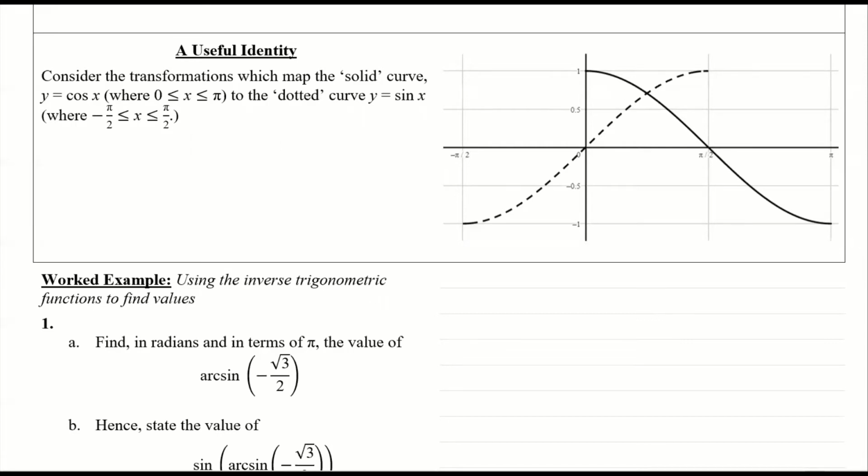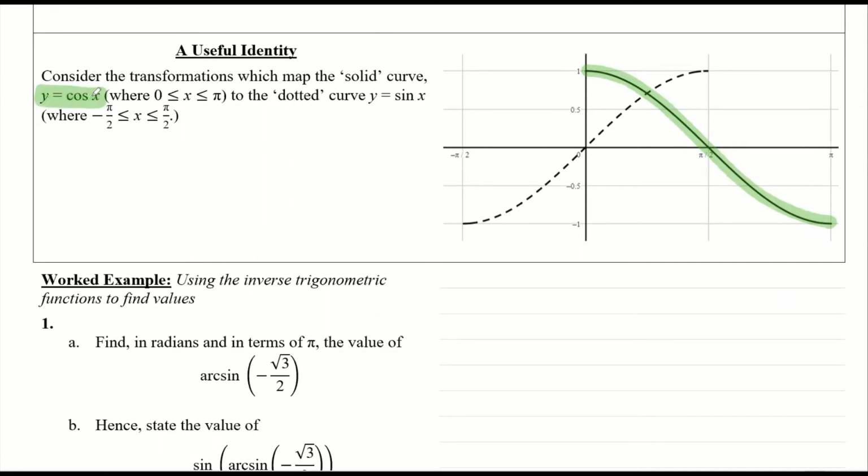So the solid line is the graph y equals cos x, with the limited domain, of course. So limited in the same way as the domain was limited to create the inverse function arccos. So it's limited from 0 up to pi.